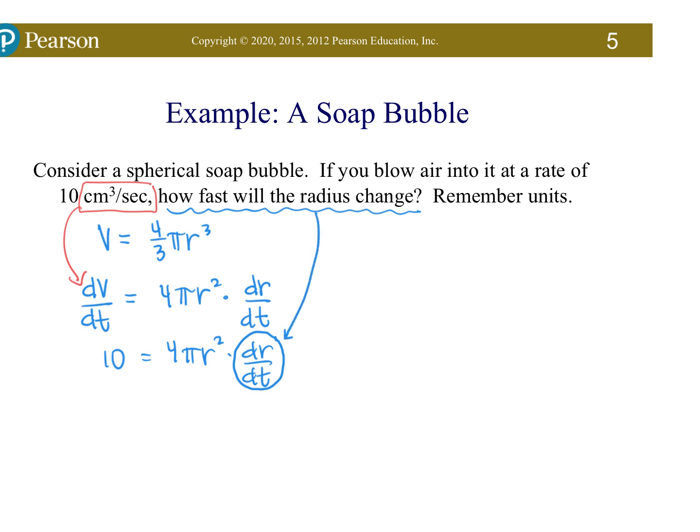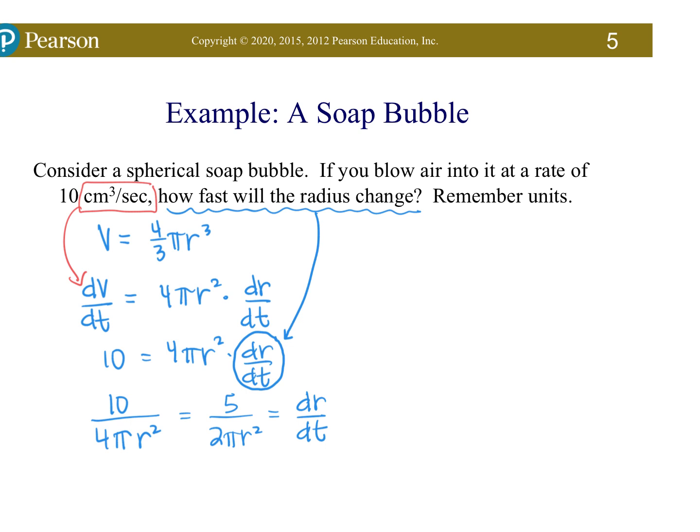And so I'll be looking for that, which means I just need to solve and get that alone. So I'll have 10 divided by 4 pi r squared, which when I reduce is 5 over 2 pi r squared, and that's dr dt.